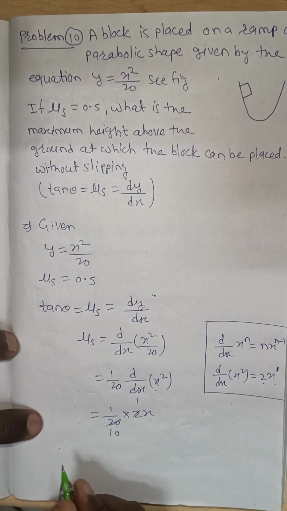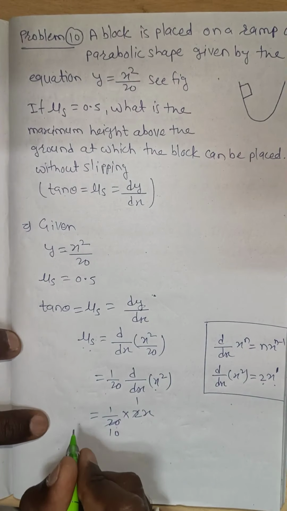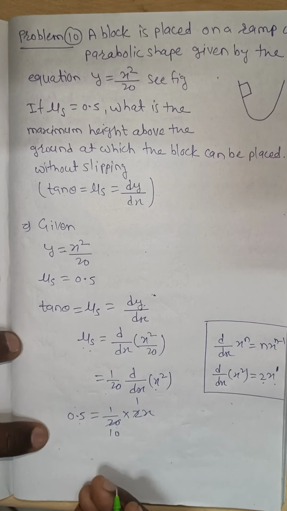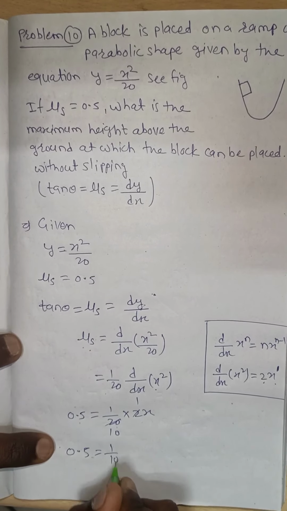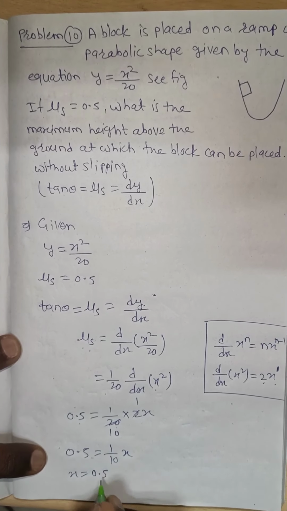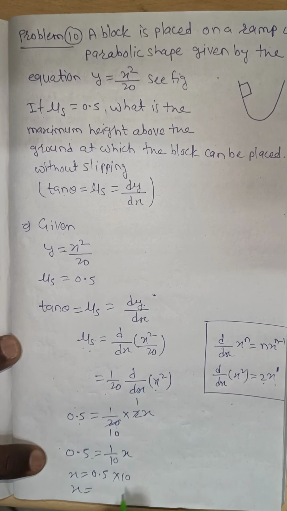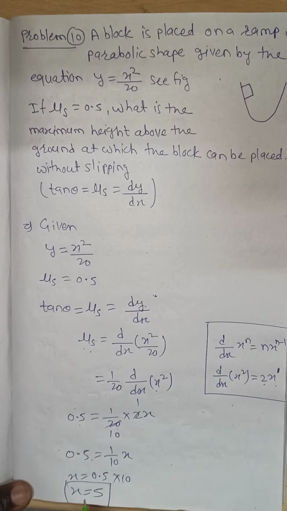Therefore x by 10. And you know the mu s value, 0.5. Therefore 0.5 is equal to 1 by 10 into x. From that x is equal to 0.5 into 10, therefore x is equal to 5.